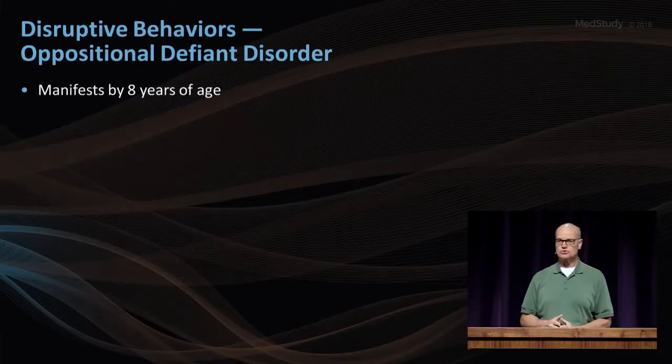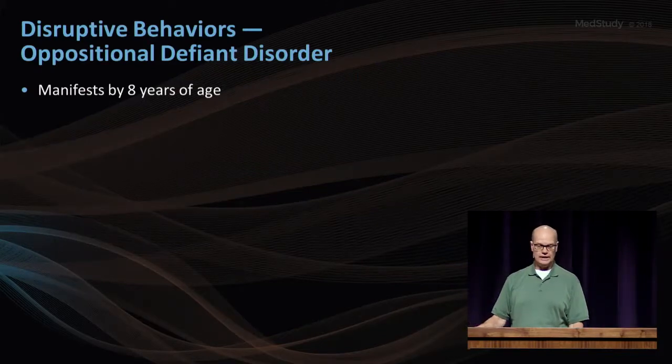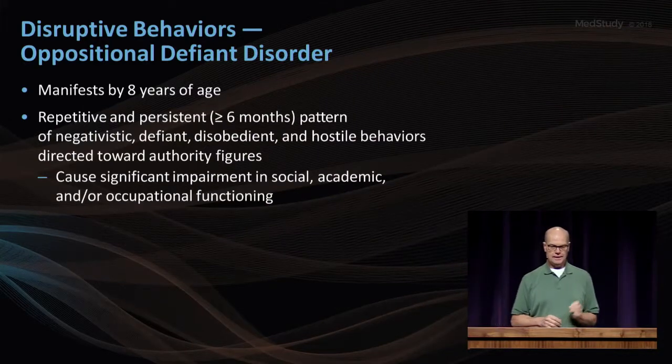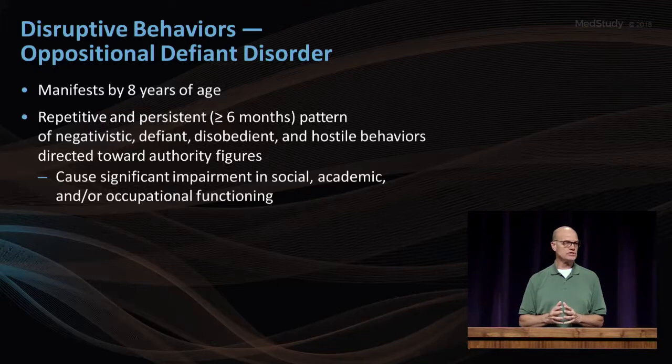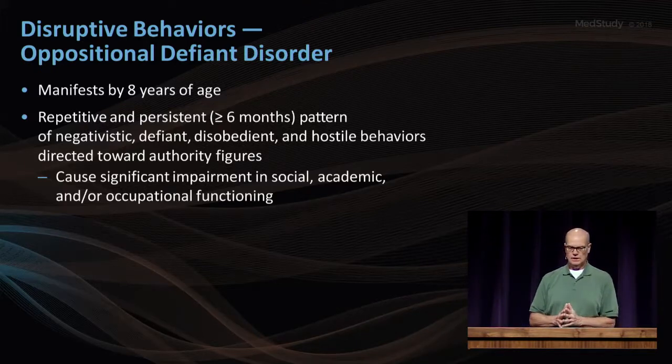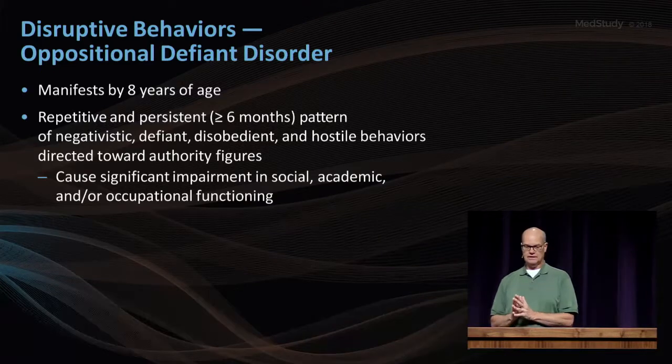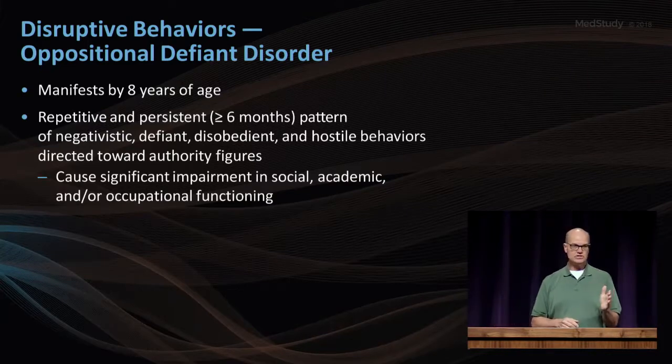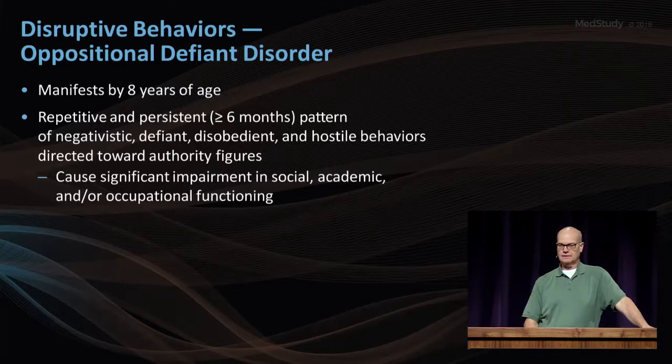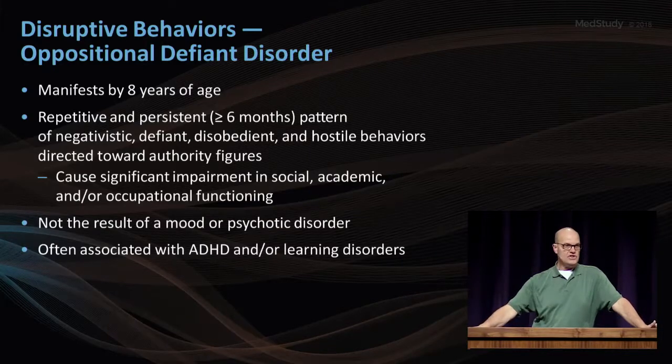So oppositional defiant disorder typically presents around 8 or 9 years of age, and it's defined by at least 6 months of negative, defiant, disobedient, and hostile behavior, which has a significant negative impact on their social skills, on their academic performance, and the like. It's not the result of a mood or psychotic disorder, which we'll review in a second. And again, in regards to comorbidity, very often associated with both ADHD and or learning disorders.